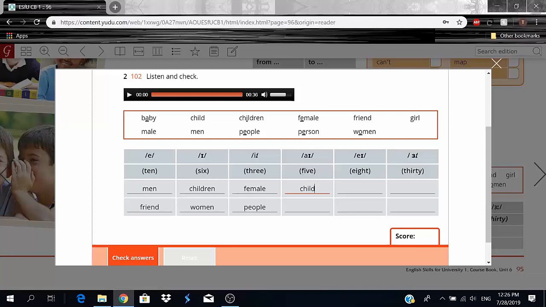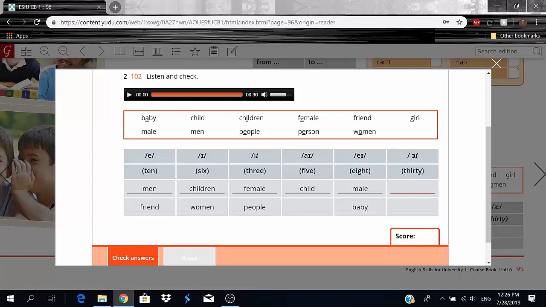So 5 child, all right? And then we have 8. 8 can be male. 8 male, okay? And 8 babe. So you guys know, if I don't pronounce the Y at the end of baby, it sounds a lot like 8. So 8 babe, all right?